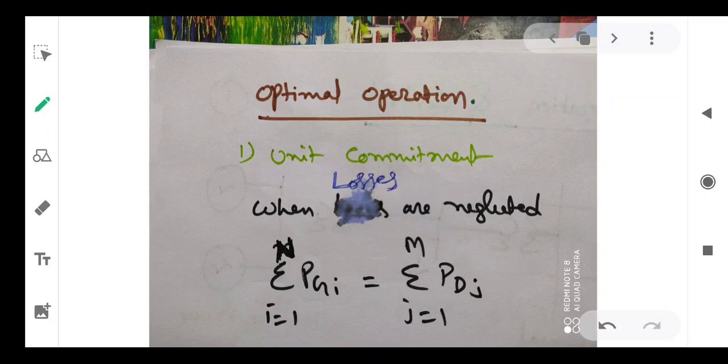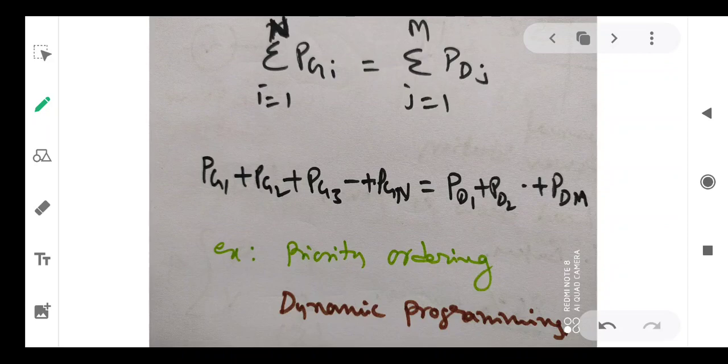So m loads are there. In a power balance equation, both should be matched when losses are neglected. For that reason, we go for Pgi equal to Pg1 plus Pg2 plus Pg3 and so on up to Pgn, equal to the summation of all demands, Pd1 plus Pd2 plus up to Pdm.